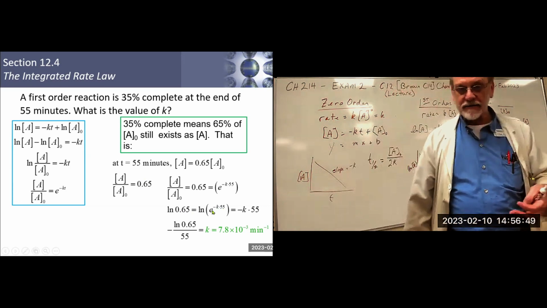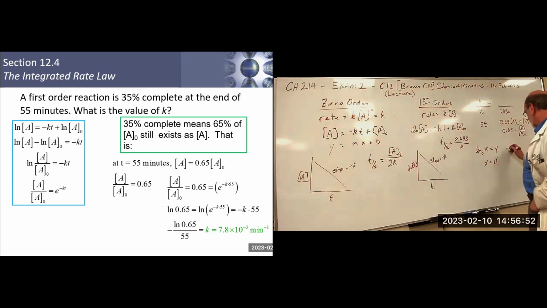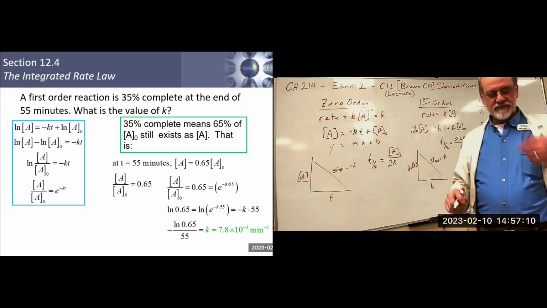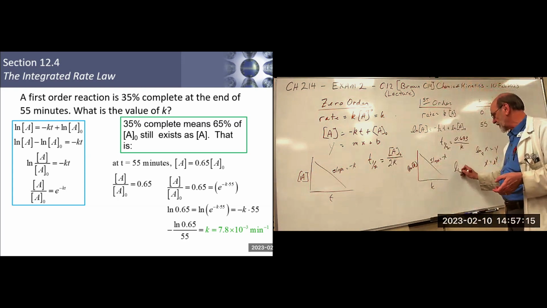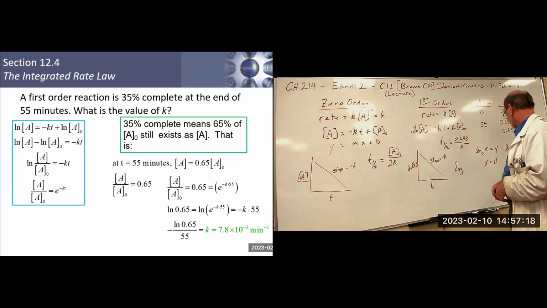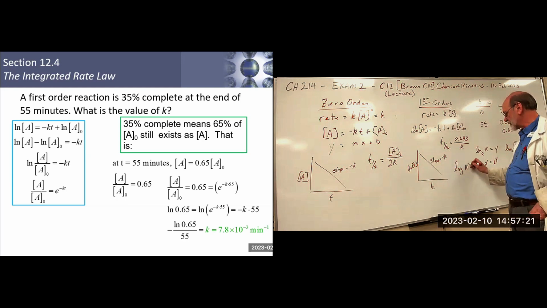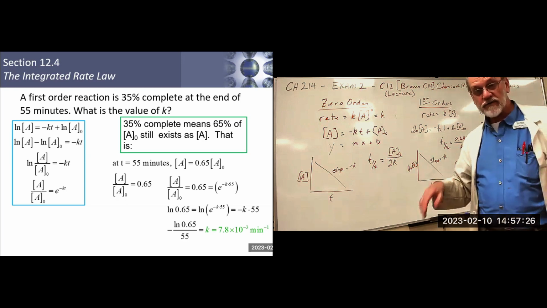Okay, but the log of e to any power x, since this is the base, is the same as x. And it works with any kind of logarithm. If we used common logs and had 10 to some power, that would be equal to the power of 10. So that's all we've done.